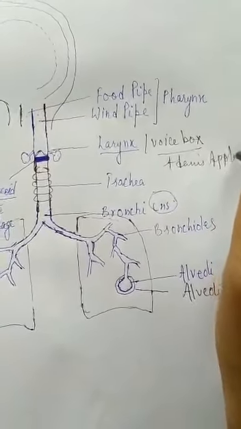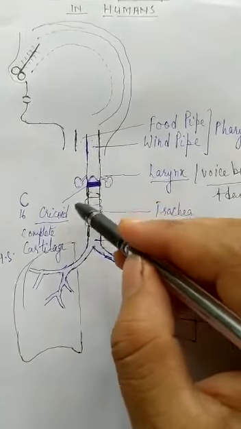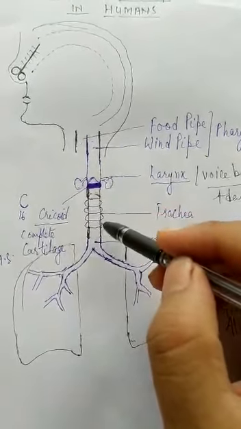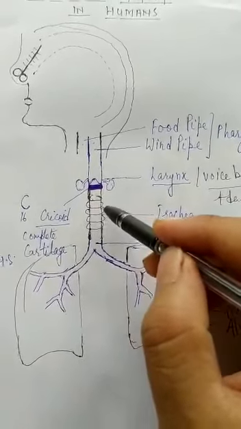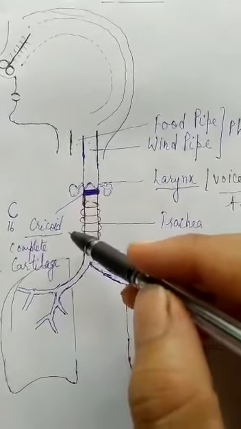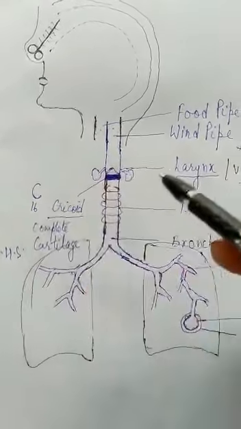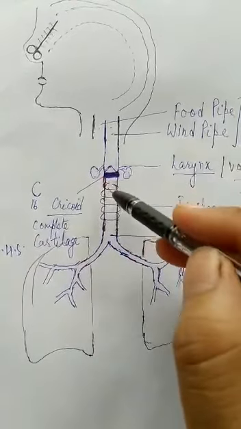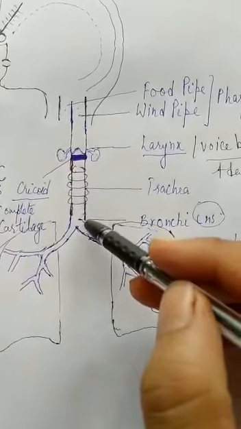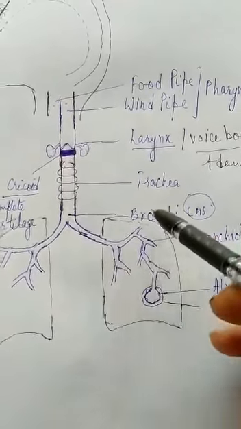Now this larynx joins the trachea through a structure called the cricoid, and this trachea contains these many ring-like structures. We call them cartilage rings. They are 16 in number. Larynx and trachea are joined by the cricoid. When this trachea bifurcates, that point we call the bronchi.